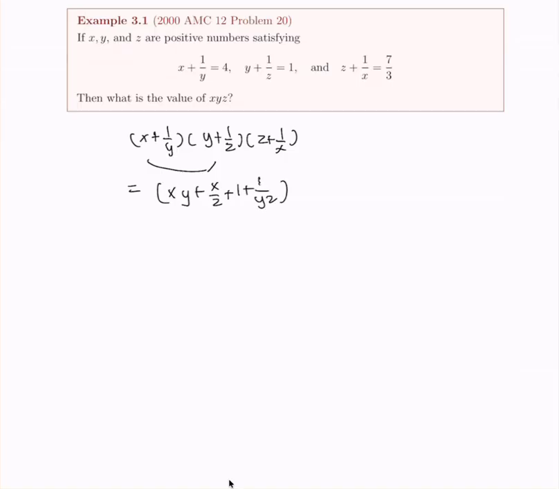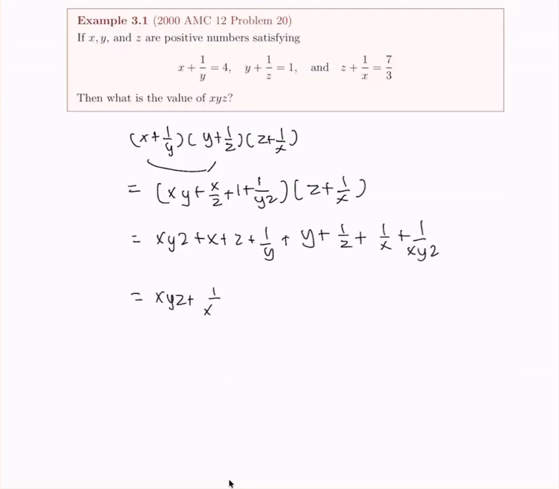Now if we multiply that by z plus 1 over x, that gives us xyz plus x plus z plus 1 over y plus 1 over z plus 1 over x plus 1 over xyz, which is equal to xyz plus 1 over xyz plus x plus y plus z plus 1 over x plus 1 over y plus 1 over z.